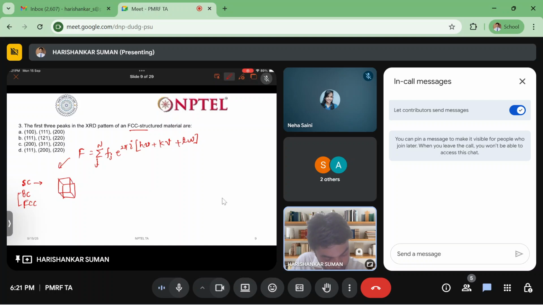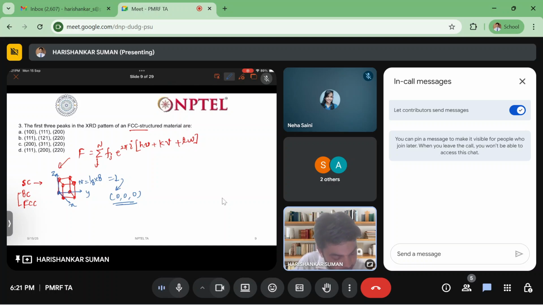You know the simple cubic atoms are only at the corners. Let's say this is XYZ, and the atom contribution is 1 by 8, times 8 corners, which gives 1. This atom is at the corner position 0, 0, 0.